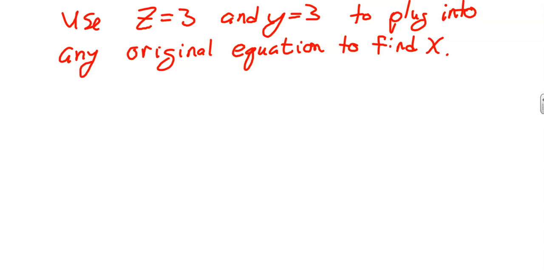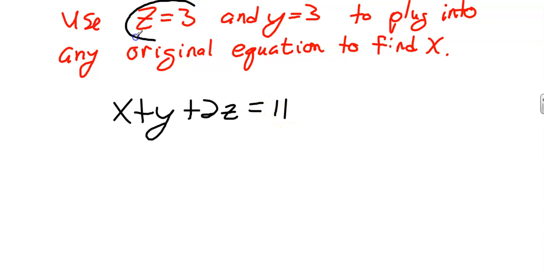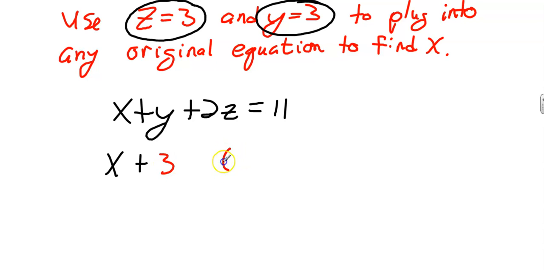Equation 1 looks just as good as the rest of them, so we'll go back to equation 1 here. So we'll go x plus y plus 2z equals 11. Okay, but we're going to plug in 3 for y and 3 for z.